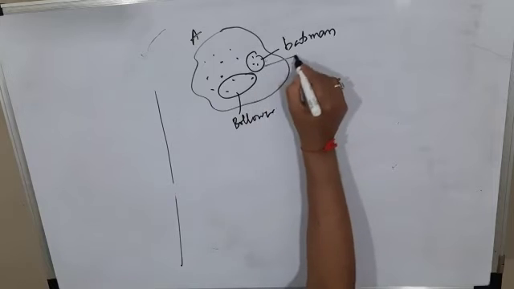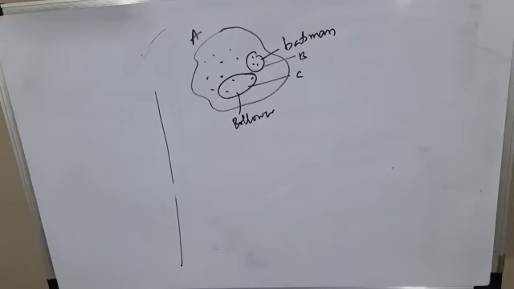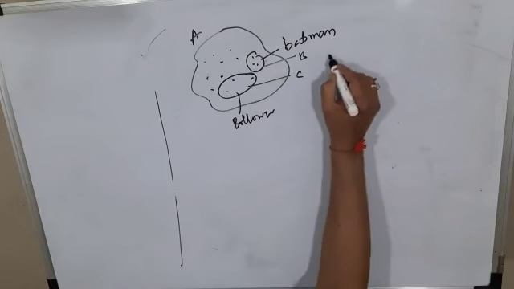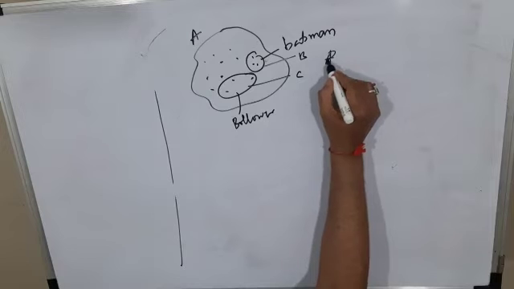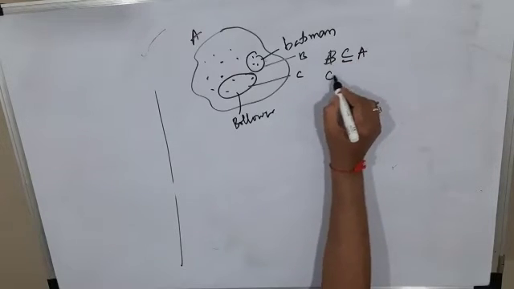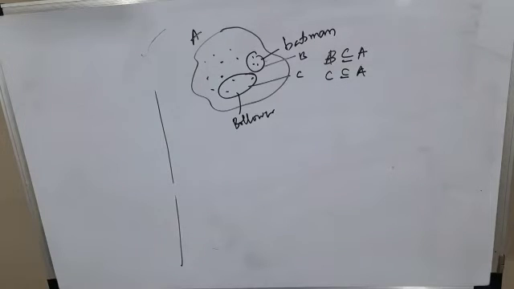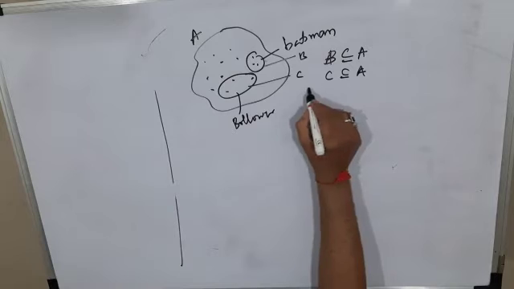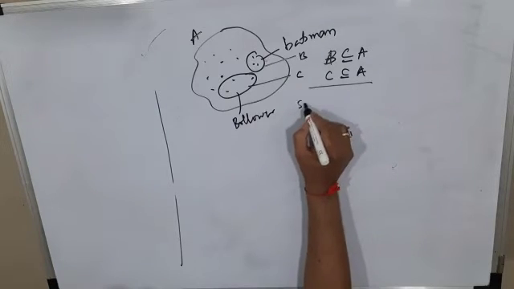If I take the bowlers as set B and the batsmen as set C, then I must say that B is a subset of A and C is a subset of A. The number of elements present in C is less than the number of elements present in A. So this is actually a subset.